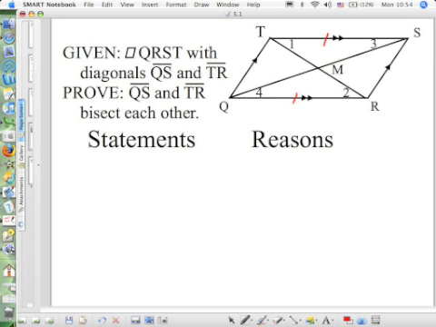We know opposite angles are congruent, but we don't really need that right now because I don't have a complete opposite angle labeled here. I'm going to try to prove that QS and TR bisect each other. So basically, I'm going to try to prove that M is the midpoint of those two segments.